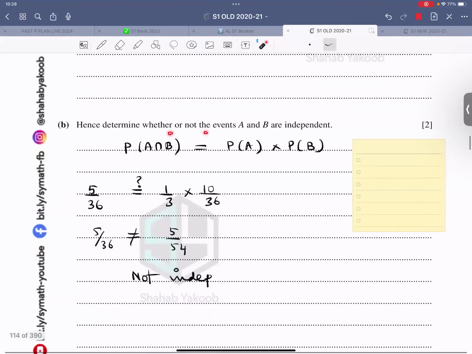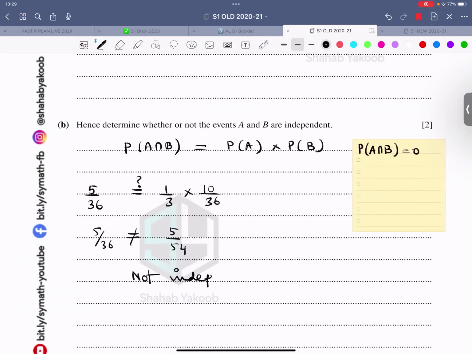Hence, determine whether or not the events are independent. Let me just write one more thing, because mutually exclusive hasn't been asked for a long time. Probability of A intersection B is 0. This is for mutually exclusive events. For independent, the working is right over here.